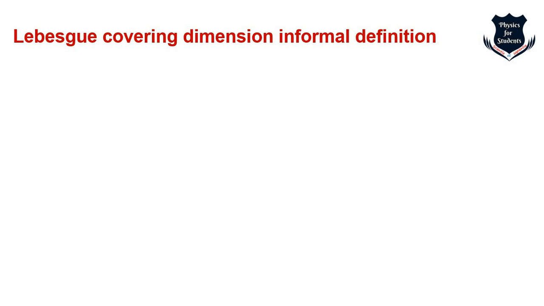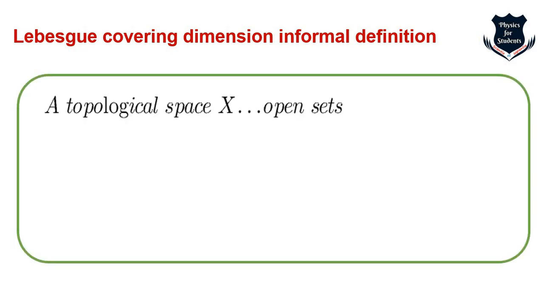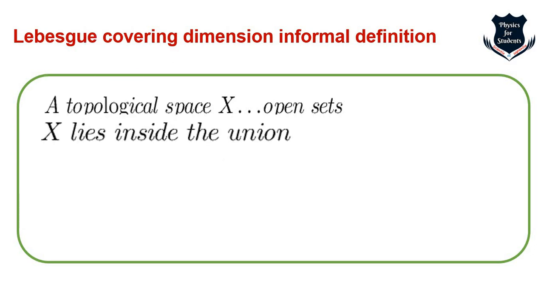So the Lebesgue covering dimension, an informal definition, we can do it in this way: a topological space, say for example, this would be a rigorous definition, can be covered by open sets, right? One can find a collection of open sets such that X, a topological space which we define, lies inside their union.